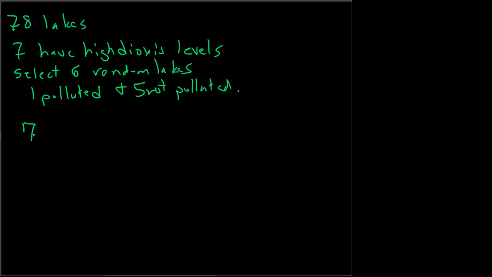Of the 7 that have high dioxin levels, we're going to choose 1. And so that's going to count all the possibilities that we could grab of those 7. Now, 7 have high dioxin levels, so 71 don't have high dioxin levels.